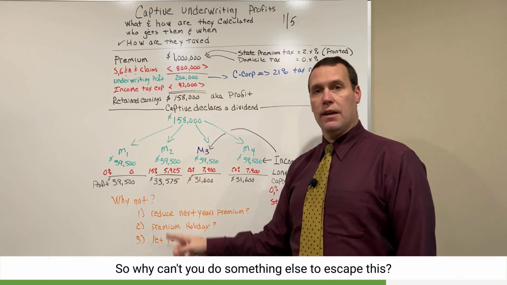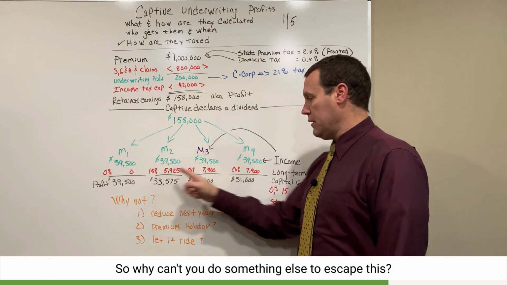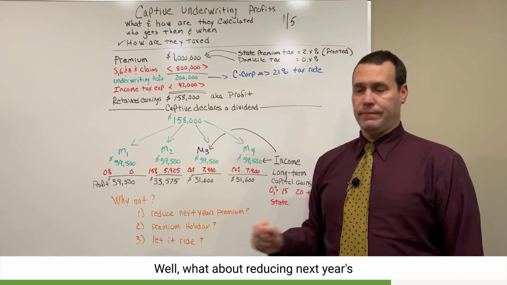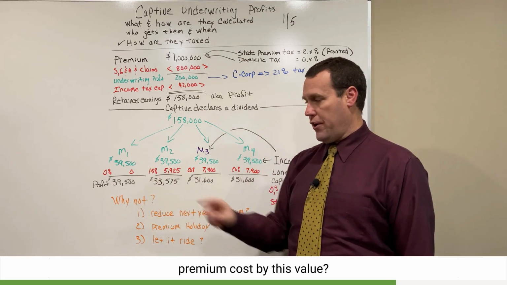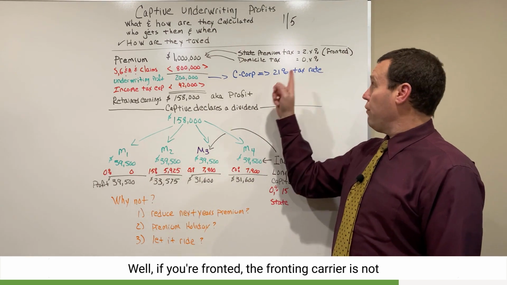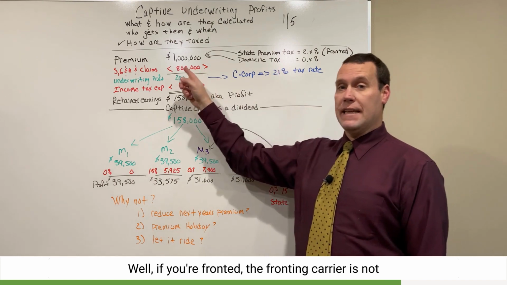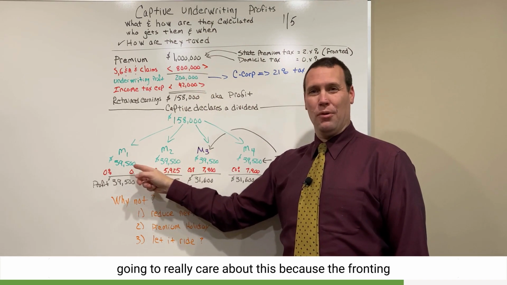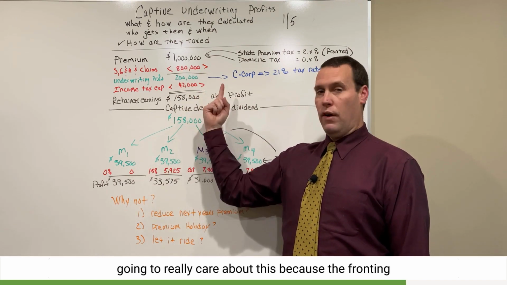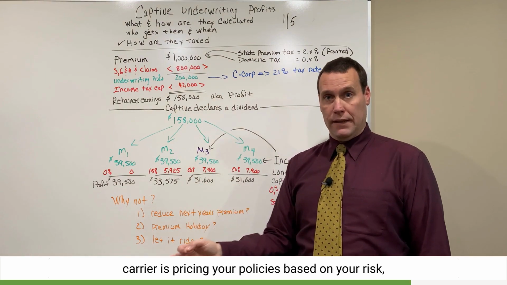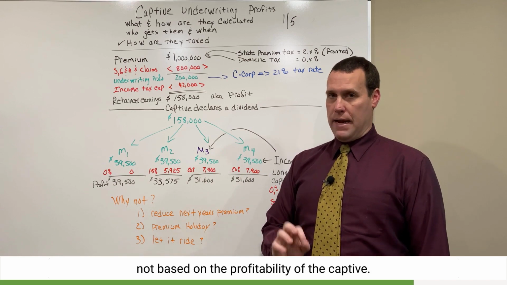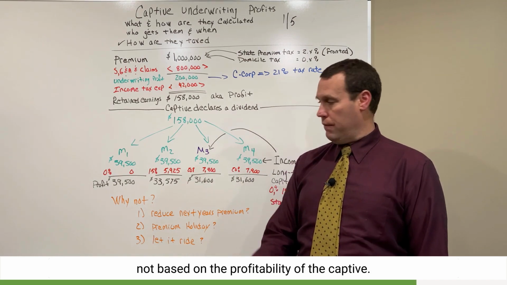So why can't you do something else to escape this? Well, what about reducing next year's premium cost by this value? Well, if you're fronted, the fronting carrier's not going to really care about this because the fronting carrier is pricing your policies based on your risk, not based on the profitability of the captive.